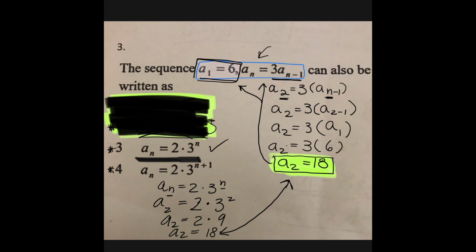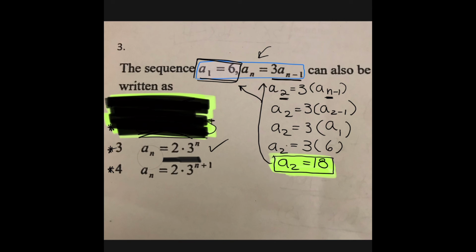But just to be sure, we're going to try the fourth answer choice as well. See if we made any mistakes. So I'm going to put this formula in now and replace the n with 2. A sub n equals 2 times 3 to the 2 plus 1 power. Like I said, we're replacing this n with 2.